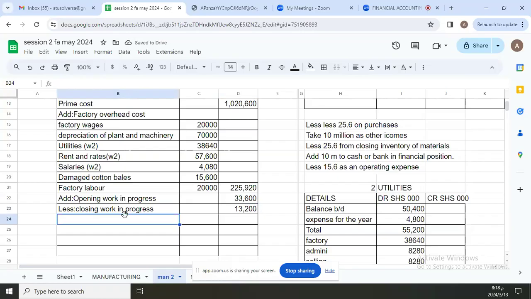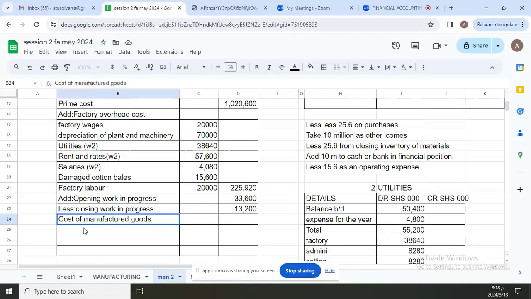From there, we get the cost of manufactured goods.